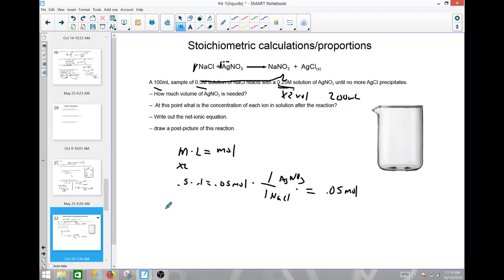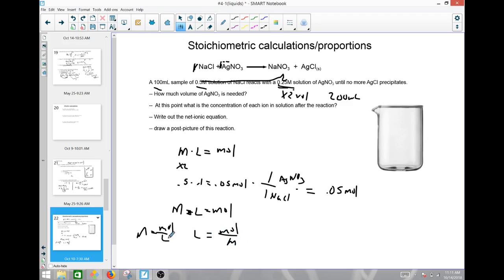And this means I need 0.05 moles of AgNO3. And then I would use the same formula, molarity times the volume equals the moles. And now, in this case, I want to solve for volume. So let's rework this thing. Molarity equals moles per liter. I want to solve for liters. Things move diagonally, so it's going to be liters equals moles per molarity.